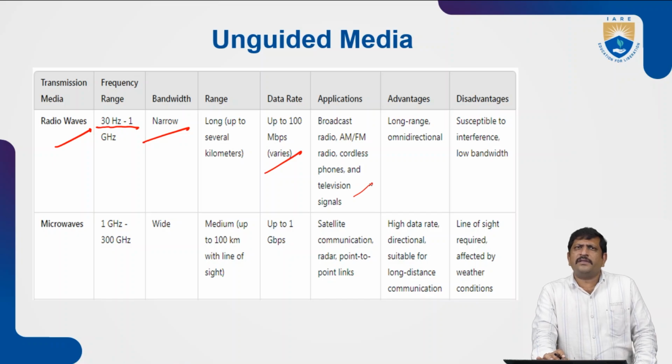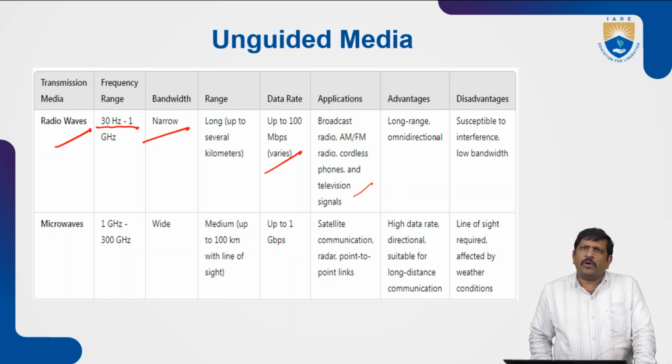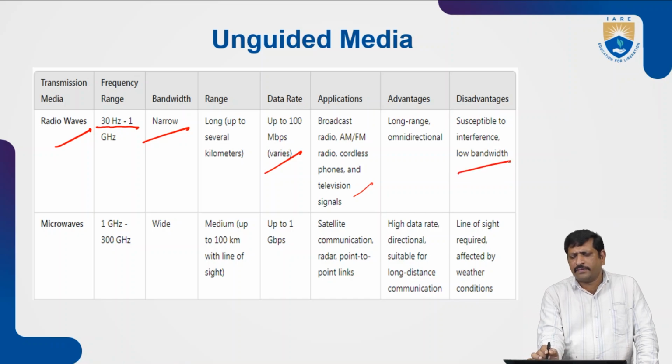In television signals and cordless phones, radio waves can be utilized. The advantage is long range, omnidirectional signals can be transferred with the help of radio waves. The disadvantages are susceptibility to interference and low bandwidth.